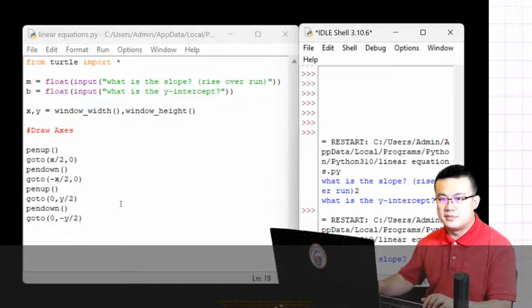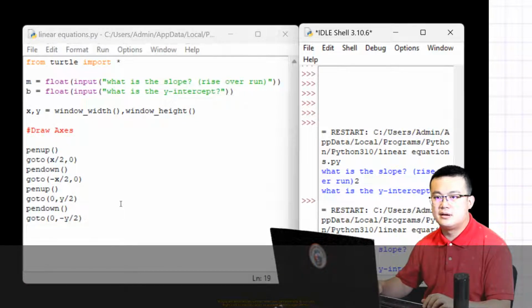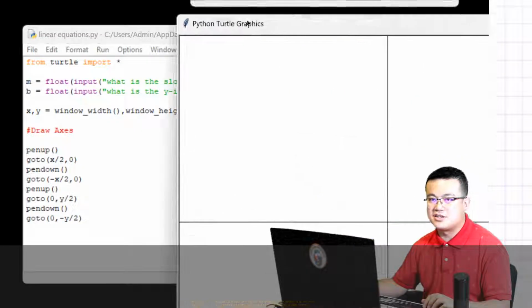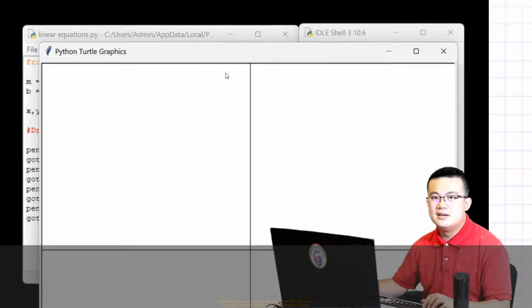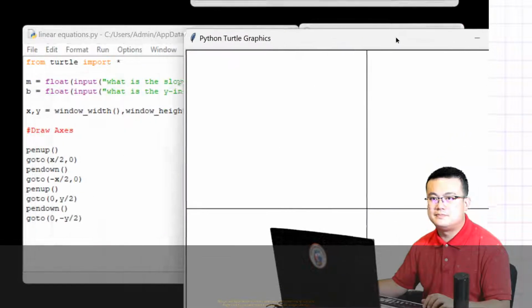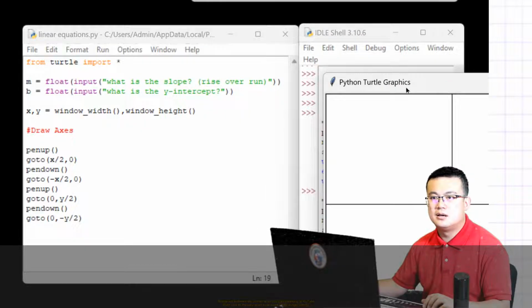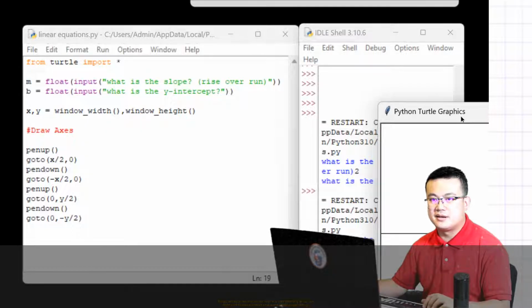I'm just going to make sure that this is the case. Oh, here we are. Okay, it was just hidden on my screen. I'm just going to show you what it looks like. So here, it draws a cross. I'm going to keep it on the side here. Oh no, you can't see it.